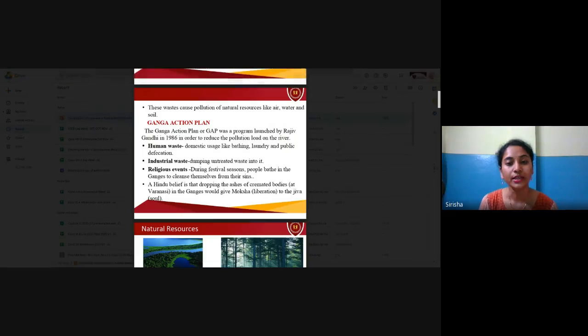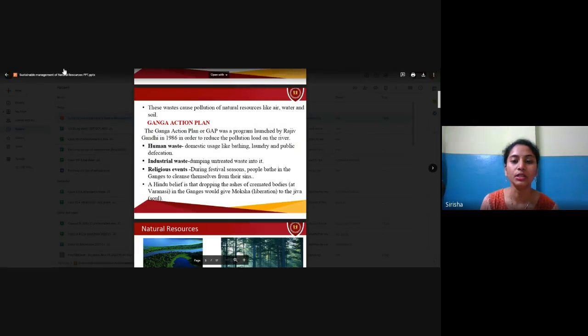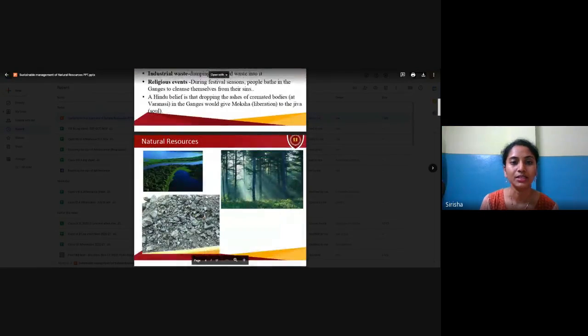A Hindu belief is that dropping the ashes of cremated bodies at Varanasi in the Ganges would give moksha to the jiva, that is the soul. That is a blind belief. So imagine a 130 crore population. In that, at least 100 crore will be Hindus.